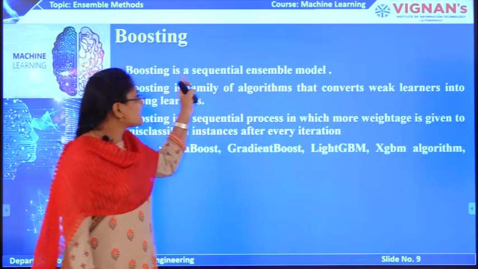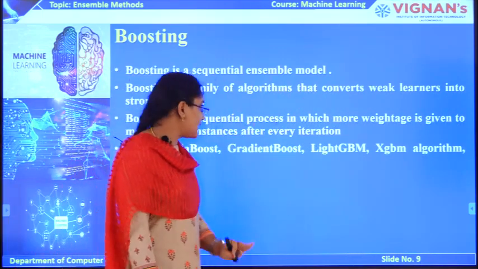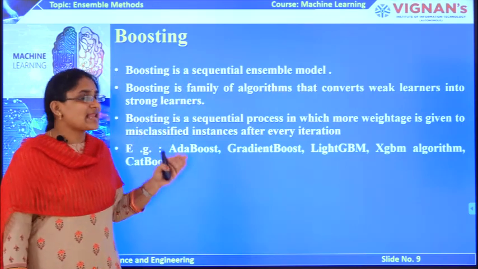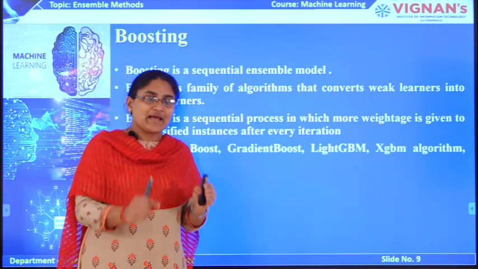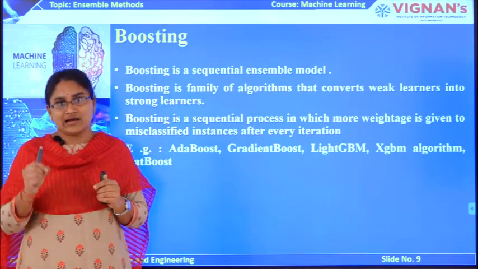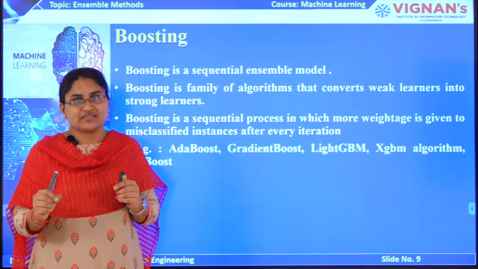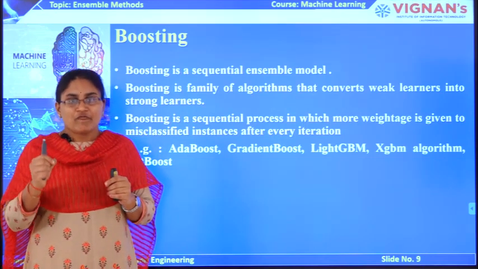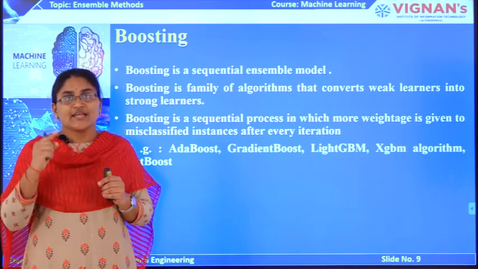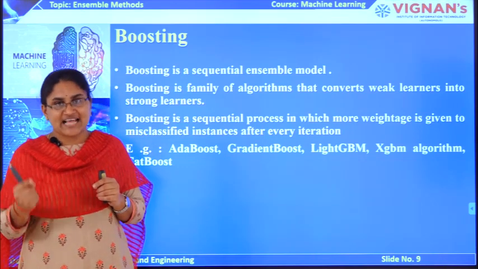Okay, boosting is a sequential ensemble model. As it is a sequential ensemble model, the base classifiers or weak learners are created sequentially, which means one base classifier's output acts as the input for the next base classifier.